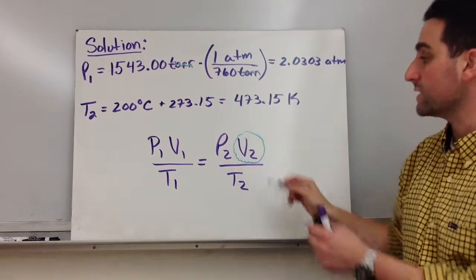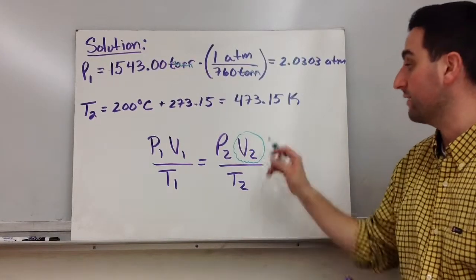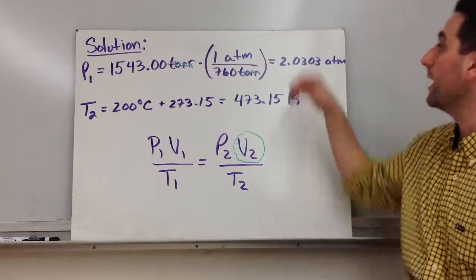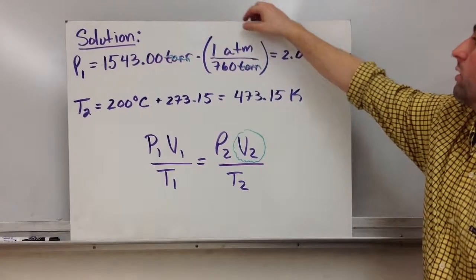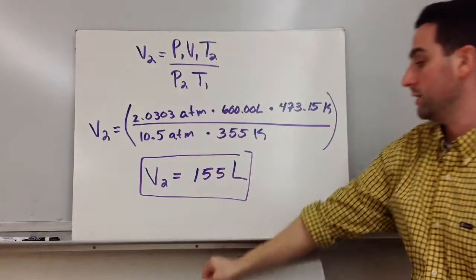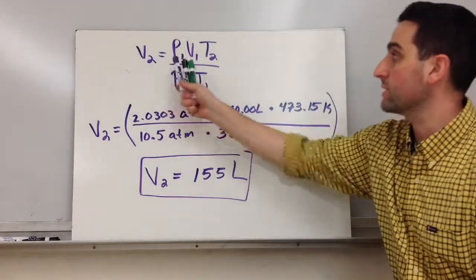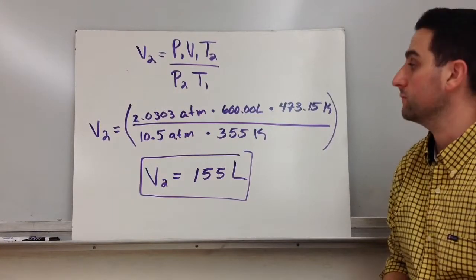So I have to transpose this equation around to get V2 by itself. If you work your way through this problem and you transpose the variables, V2 is going to equal this expression here.